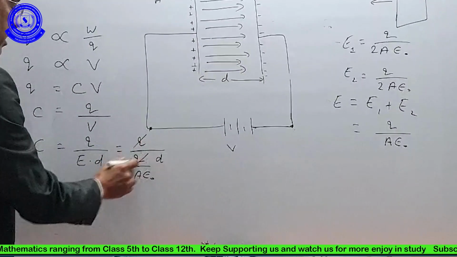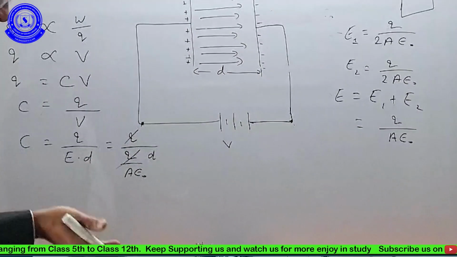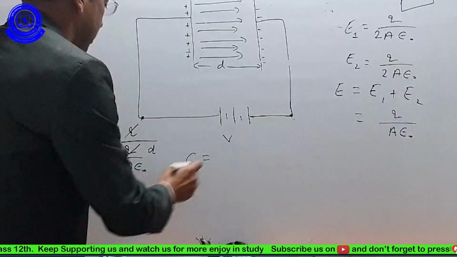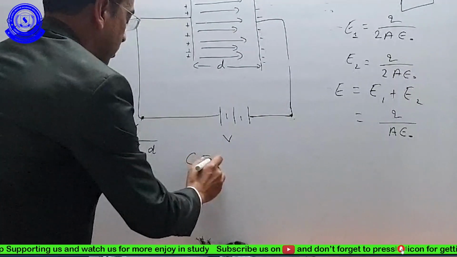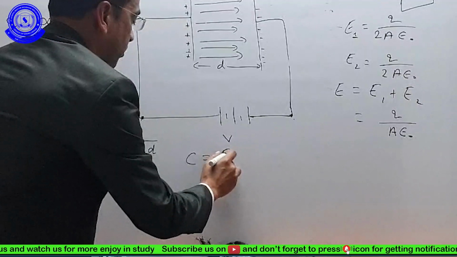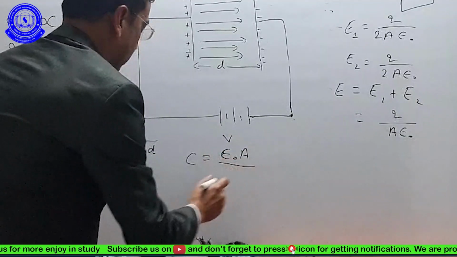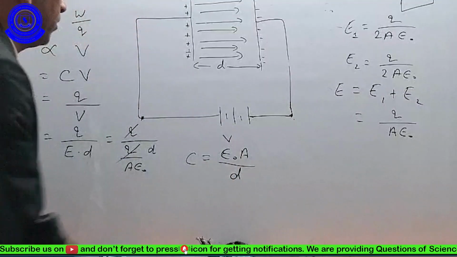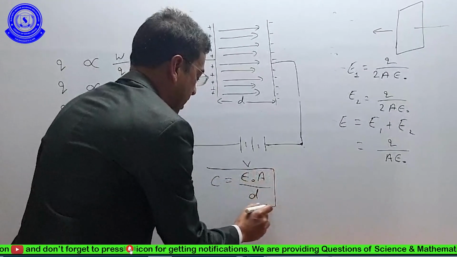Here Q will be terminated out, and the capacitance of a parallel plate capacitor is noted as epsilon naught A divided by the distance of separation, that is D. This is the formula of capacitance of a capacitor.